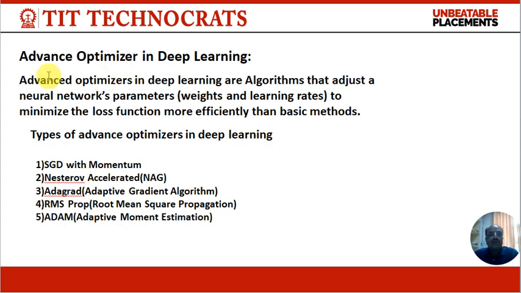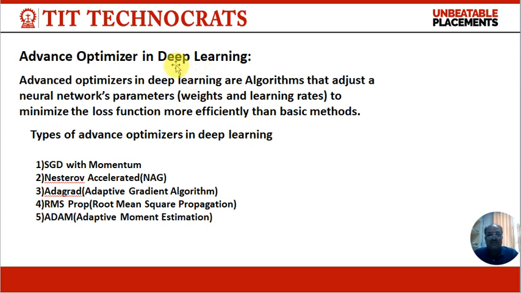Next, we will discuss the advanced optimizers in deep learning. Gradient descent is also an optimizer, but here we discuss some other advanced optimizers in deep learning. Optimizers, in other words, we can say, drive our model towards better accuracy and performance.